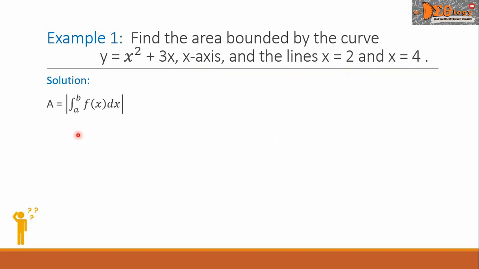First, let us write our formula for the area. Then, let us substitute the corresponding values. So we have A equals the absolute value of the definite integral from 2 to 4 of the function x squared plus 3x, then dx.